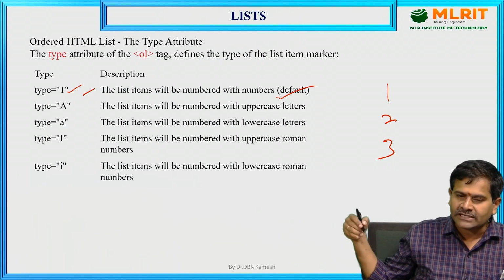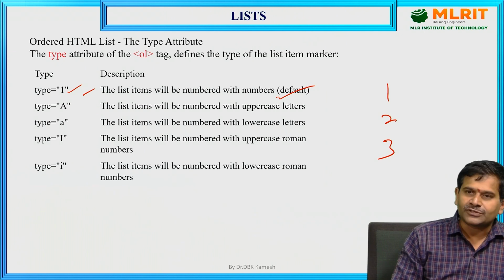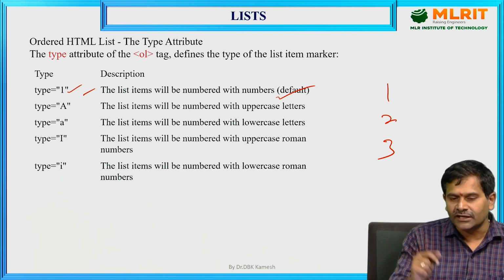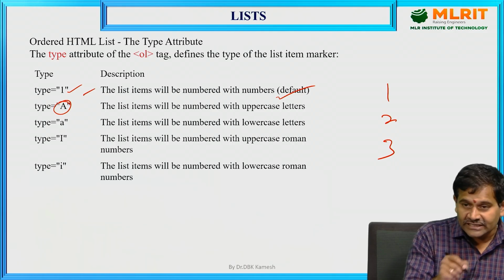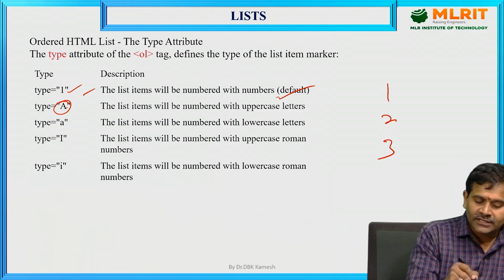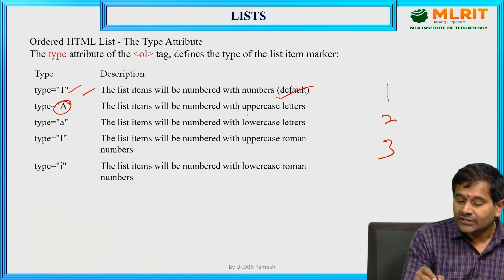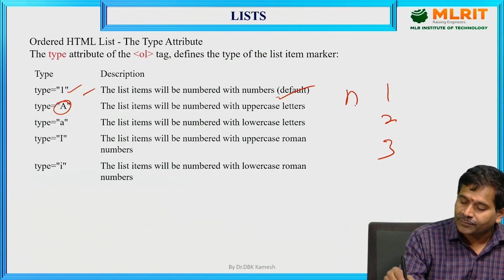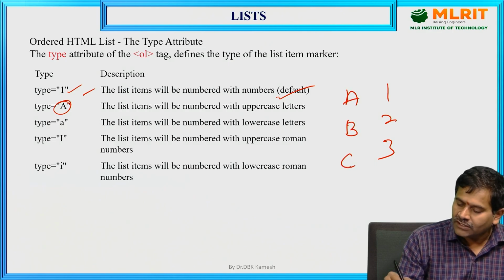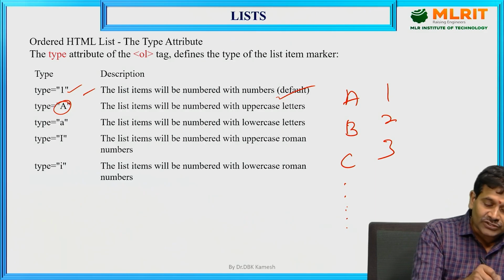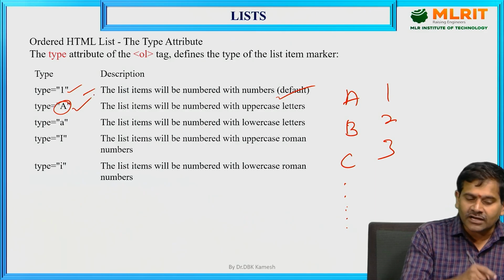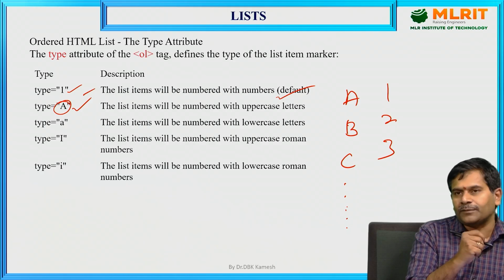Sometimes you require the list items to start with capital A. Then how to write it? Type is equal to capital A. The list items will be numbered with uppercase letters, capital A, capital B, capital C and so on. Which is starting with A because you have given type capital A.